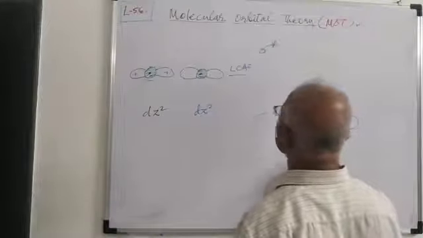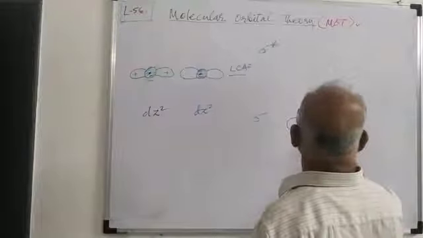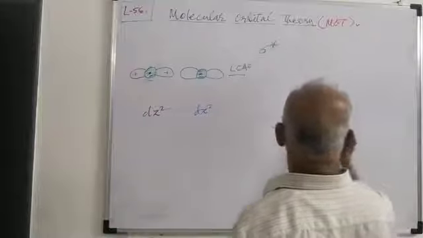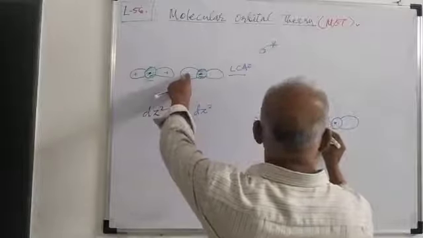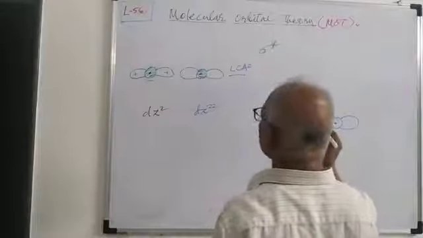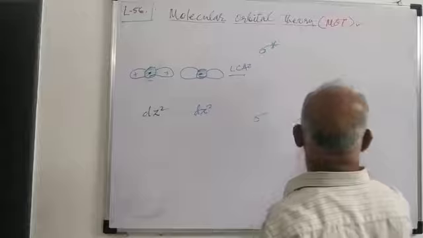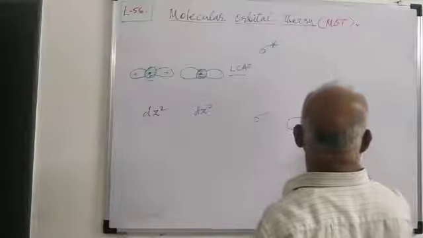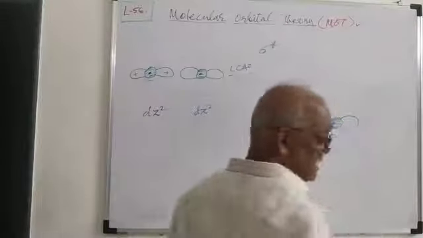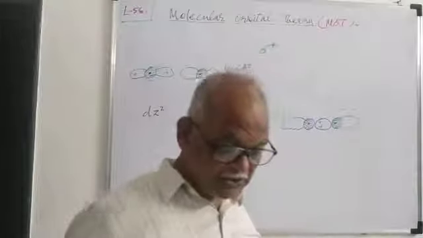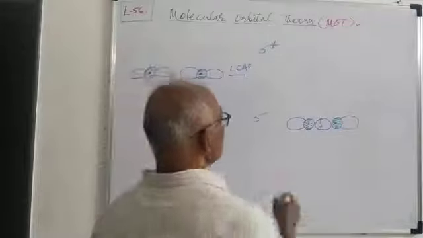So here we will have plus plus, and there is this minus minus sign of wave function. So here we can have these wave functions in this way. So this will give us the bonding molecular orbital.